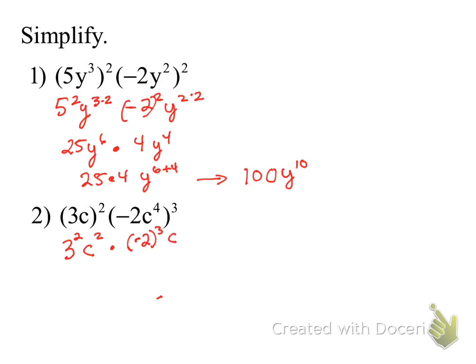And C to the 4 times 2. Good. And so that simplifies to? 9 c to the second times negative 8 c to the 12th. So 12. Good. And then, what does it simplify to? Negative 72 c to the 14th. Good. You get it? Okay.